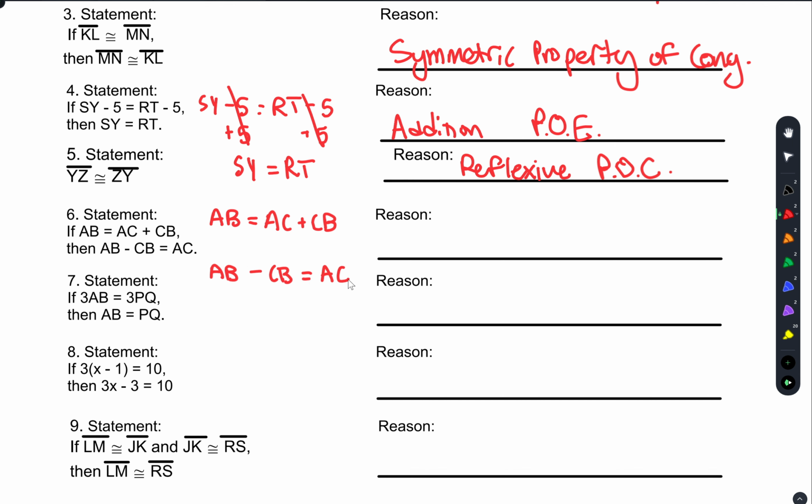So that means I went from this to having AC alone on this side. Think about that algebraically. To get AC alone on the right side, what did I have to do to that? Caitlin? Yeah, subtract CB from both sides. That means if I'm subtracting the same thing from both sides, that's the subtraction property of equality.